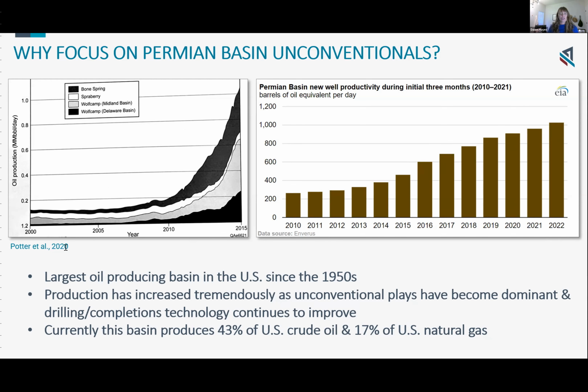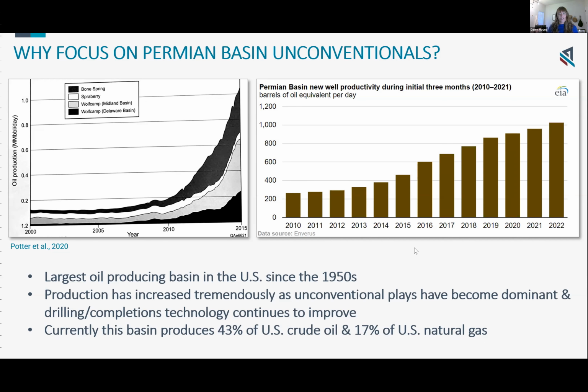And these two figures kind of show that. We have one that's just showing the difference between the year 2000 and 2015 with 4 of the major unconventional plays I'll be talking about today: Wolfcamp, Sprayberry, and Bone Spring in both the Midland Basin and Delaware Basin portions of the Permian.